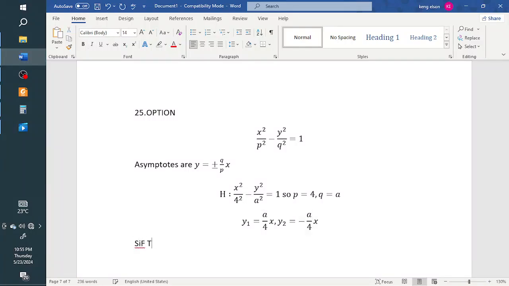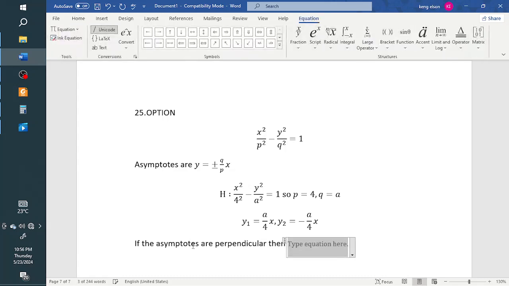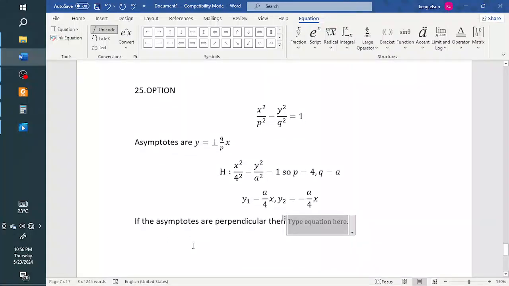If the asymptotes are perpendicular, then the product of the gradients is equal to negative 1. So a over 4 times negative a over 4 is equal to negative 1.